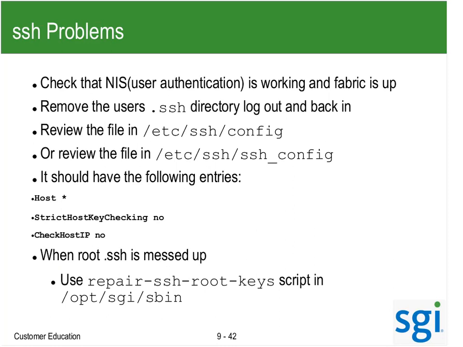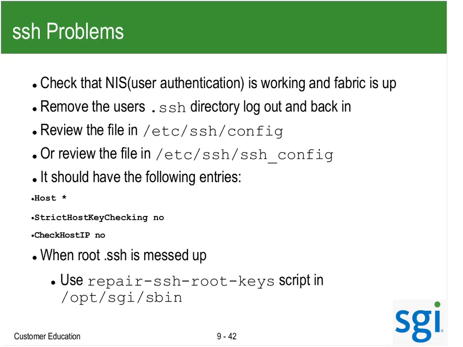Now, I warned you about SSH problems. First of all, in order for a user to log into the compute nodes on a cluster, they have to have their home directory mounted so that .ssh with all the RSA keys is there. So NFS has to be working, and they also have to have user authentication on that node, either by file, NIS, or LDAP. So check to make sure that authentication is up and the networks that it uses are up. Again, I removed my .ssh and logged out and logged back in to recreate it.